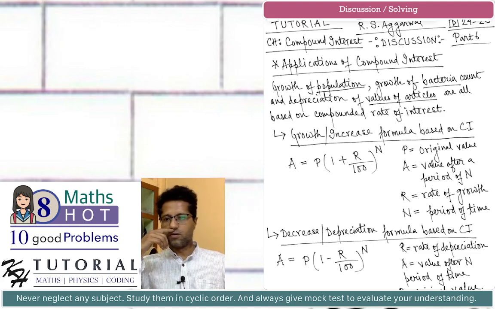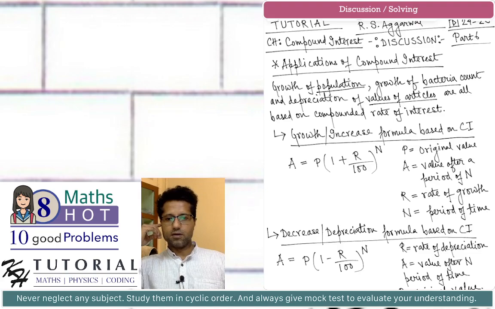These are fundamentally based on two things. The first is the growth or increase formula based on the compound interest, and the second one is the decrease or depreciation formula based on the compound interest.